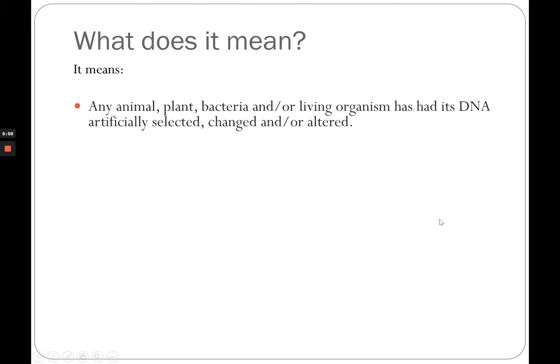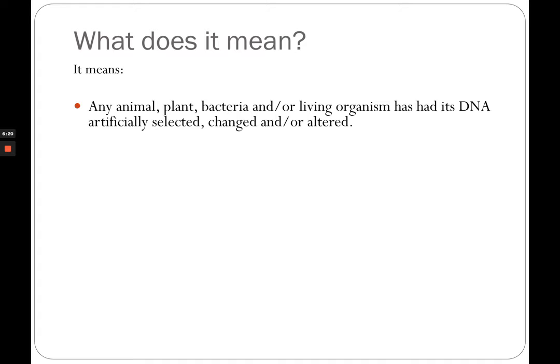If we just break it down to the science, and that's pretty much what I'm here for, I'm going to present you the science. I will present the pros and cons in terms of what the media is suggesting, but ultimately you guys will have to decide whether or not GMOs are good or bad.